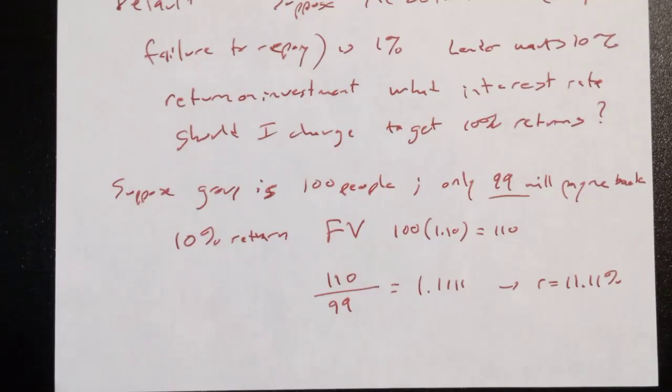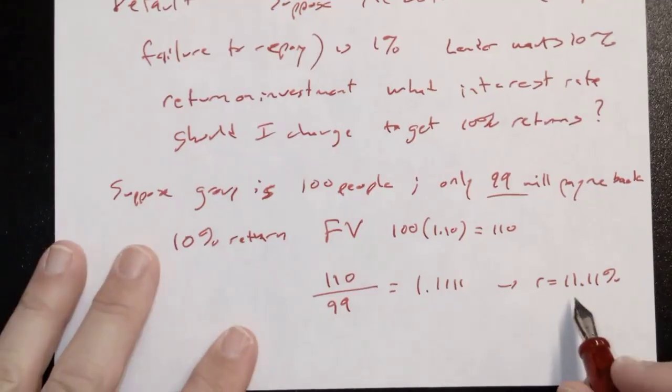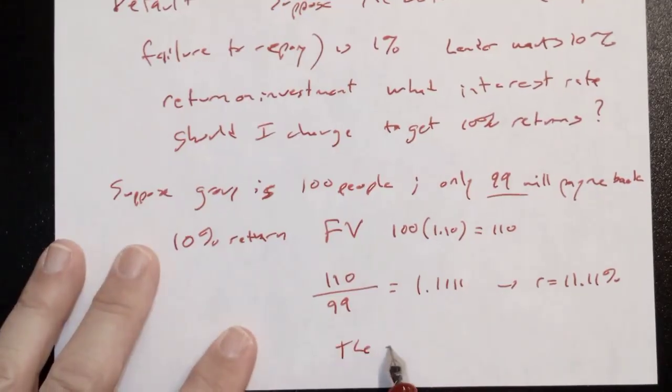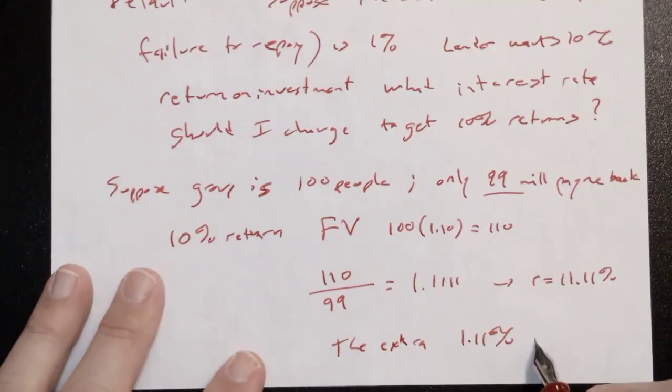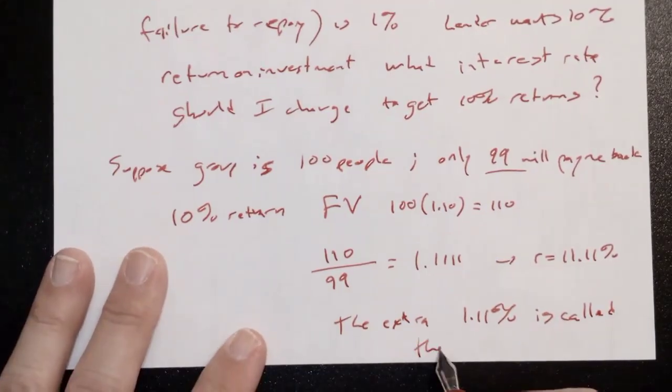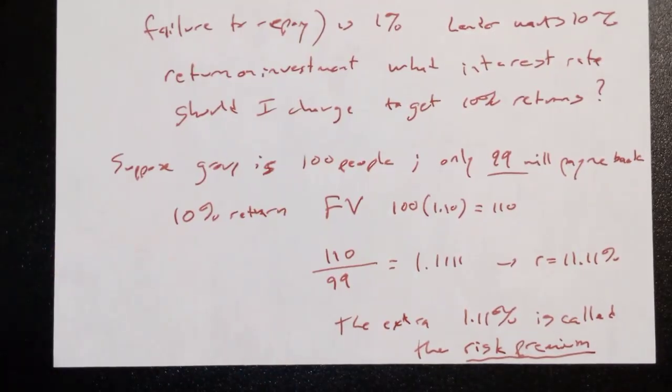But there's a little bit of risk here, and the additional interest of 1.11%, that's my risk premium. That's how much the rate goes up because I think you are a risky group.